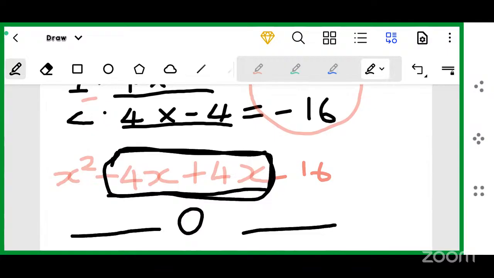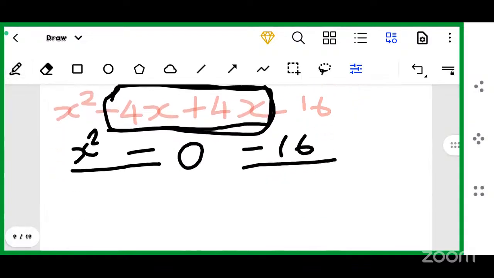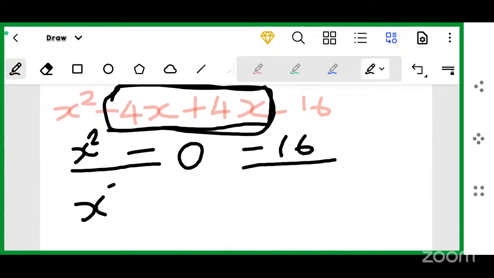On the left-hand side is going to be the x to the power of 2, and on the right is going to be the negative 16. And what is going to be our final answer? x to the power of 2 minus 16.